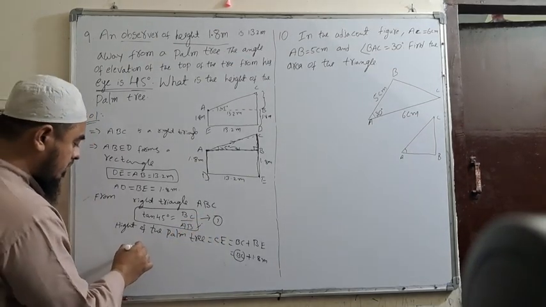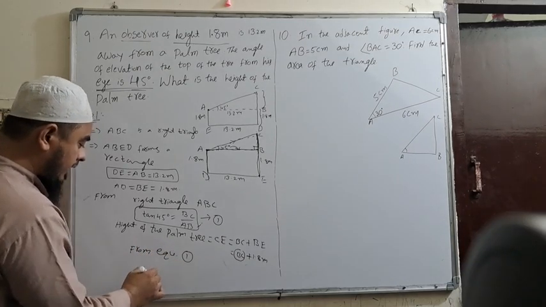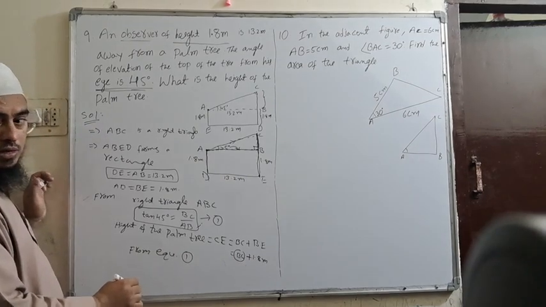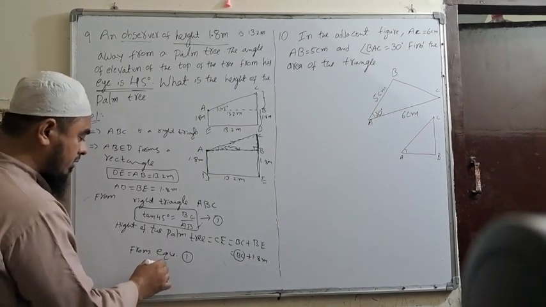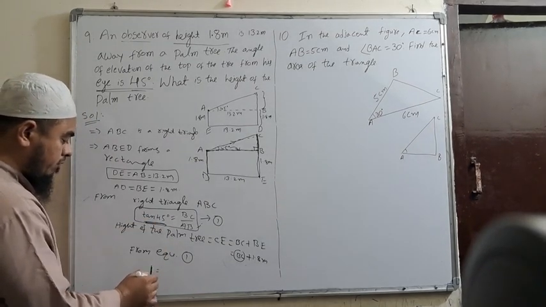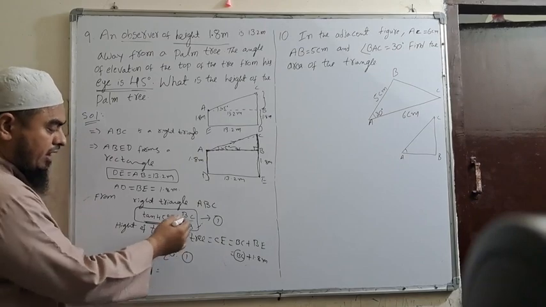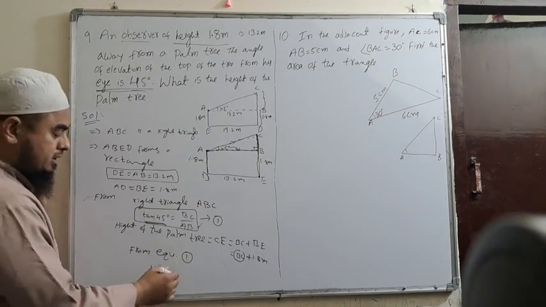Now from equation 1, tan 45 we know, tan 45 is 1, which you have to remember. So this tan 45 we are replacing as equal to 1. On the right hand side we have BC by AB. BC we need to calculate, which is unknown.